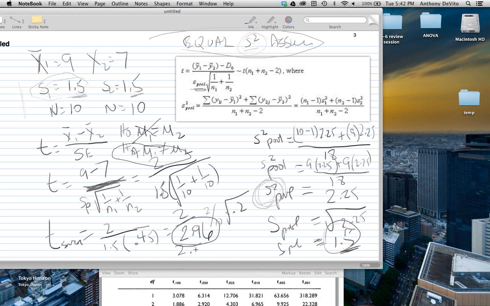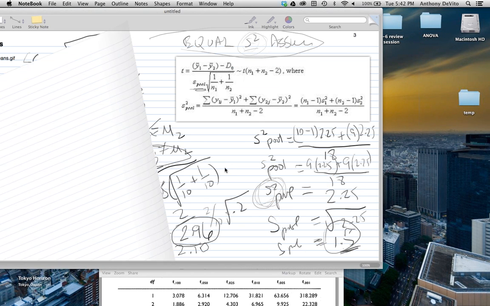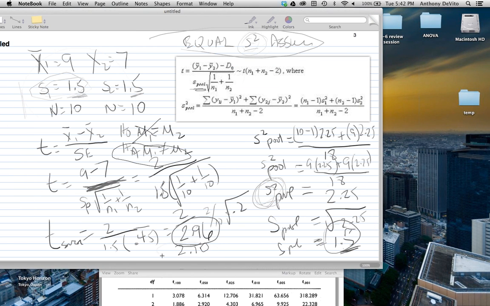Notice that my T critical was 2.1, where before, in a very similar example, which was one-sided, my T critical was very small. It was like 1.87 or something like that, right? A two-sided test gives you a T critical that's a bigger number.